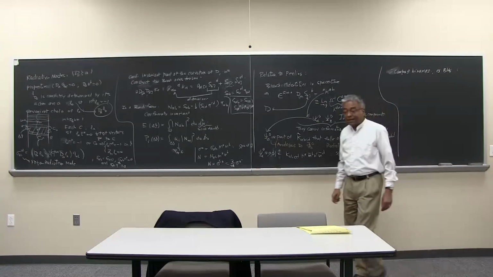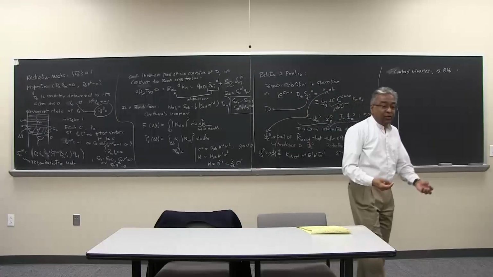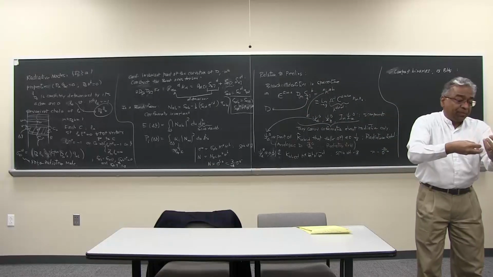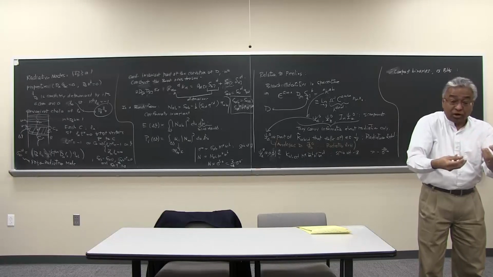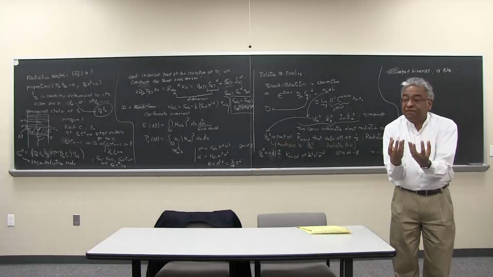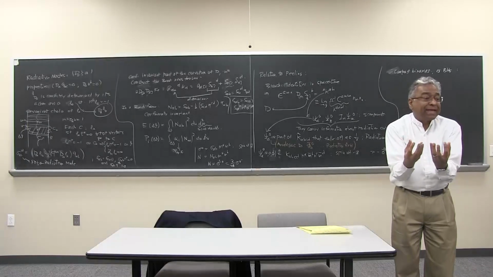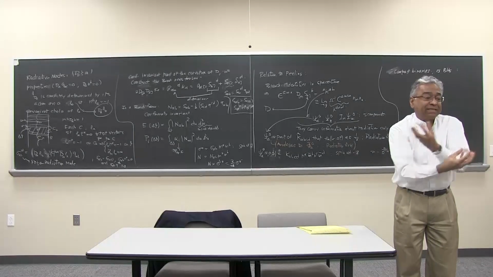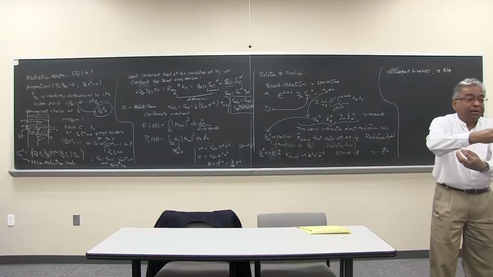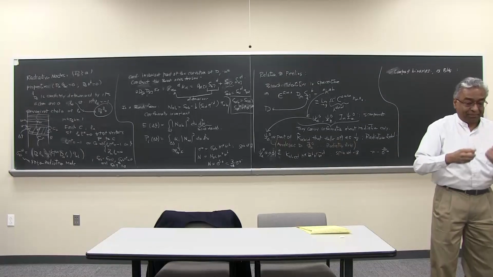When we study compact binaries, for example, you could have two neutron stars going around each other, or two black holes going around each other. It's a certain physical system, and you can calculate the quadrupole moment of this system. And because they're going around each other, the quadrupole moment of this system is changing in time.